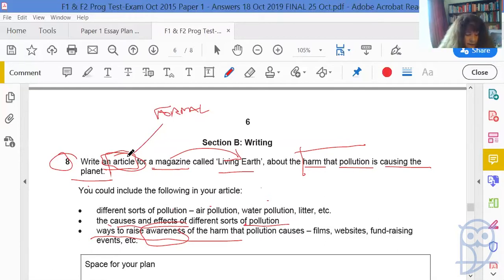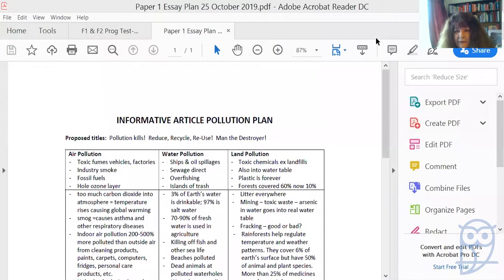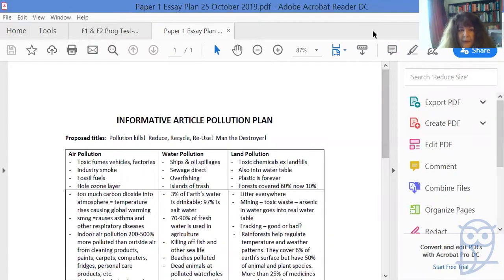Then you're going to need some middle paragraphs, probably with subheadings, because that makes it easier for people to read. Then perhaps direct speech for someone to talk about whatever you're writing about. And then your last paragraph will bring things to a conclusion. Right, so this is looking at an essay plan about your informative article.